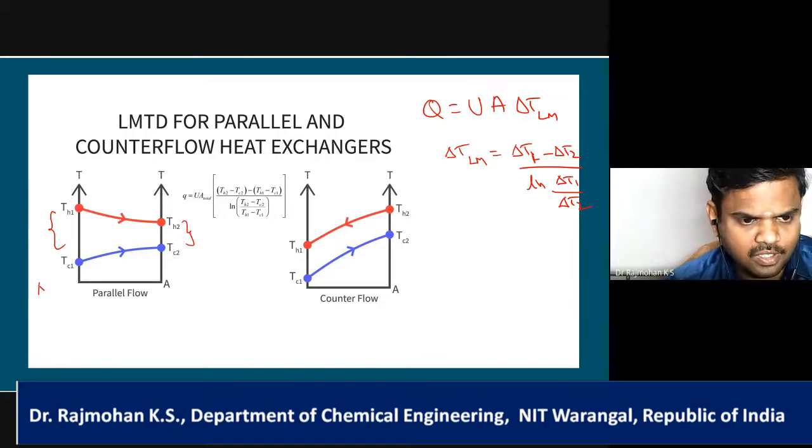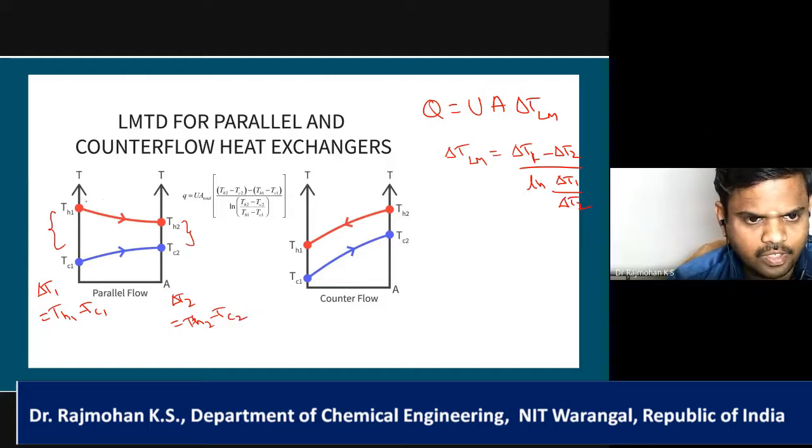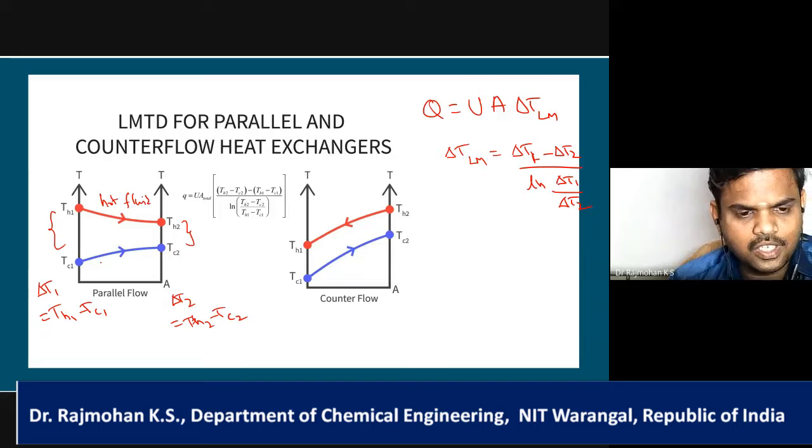What is delta T1 here? Here delta T1 is equal to TH1 minus TC1. Delta T2 is equal to TH2 minus TC2, where H refers to hot fluid and C refers to cold fluid, that is coolant.